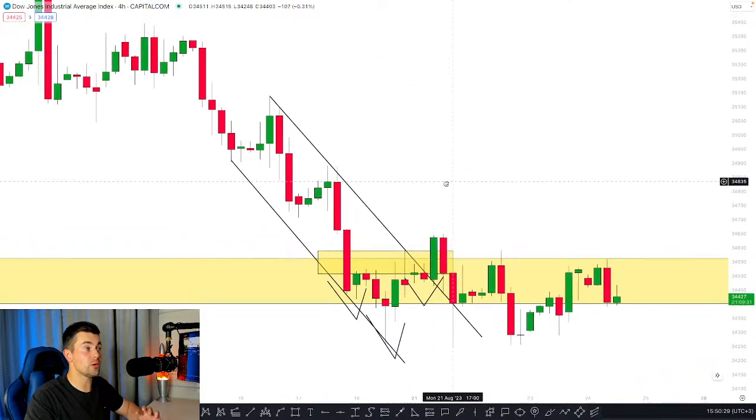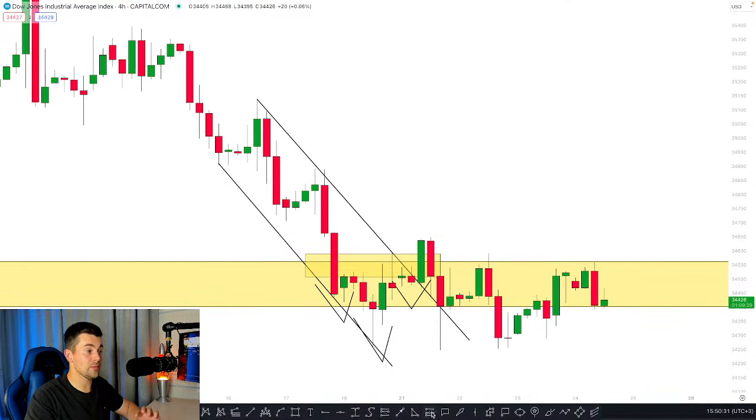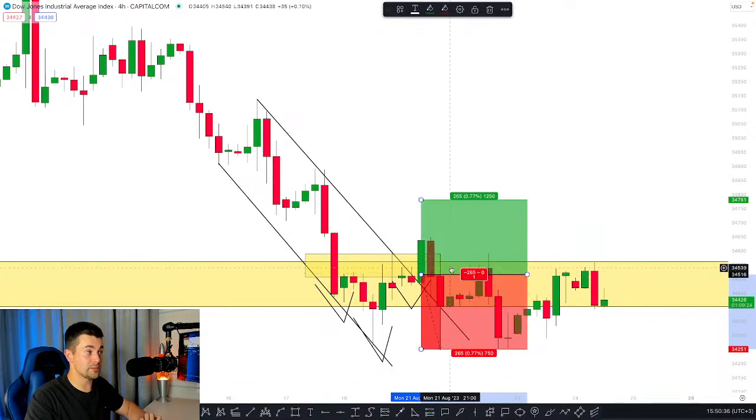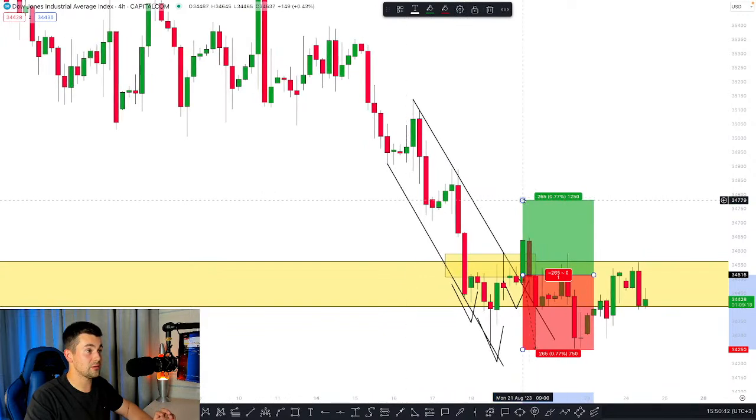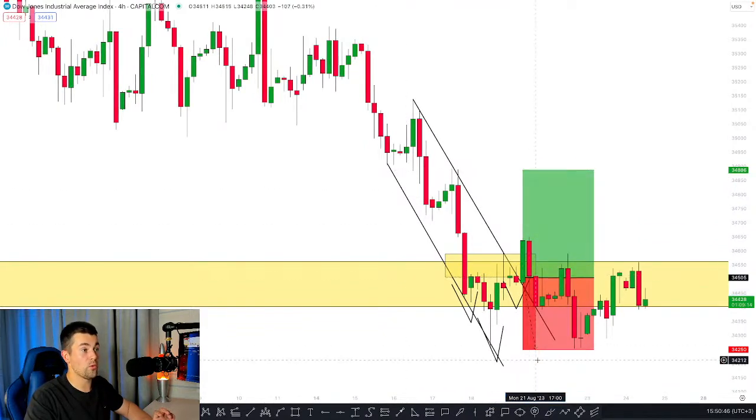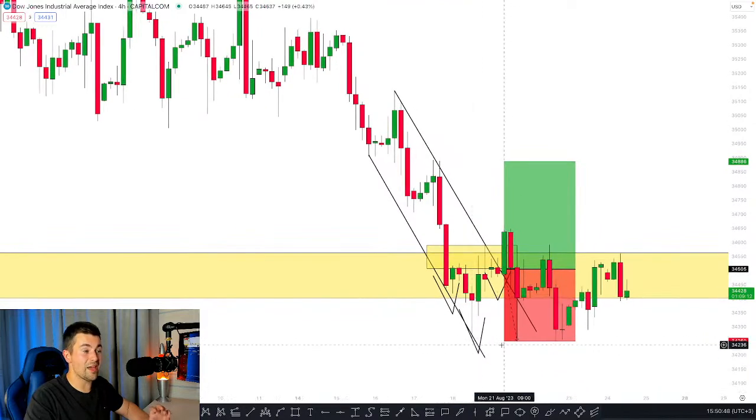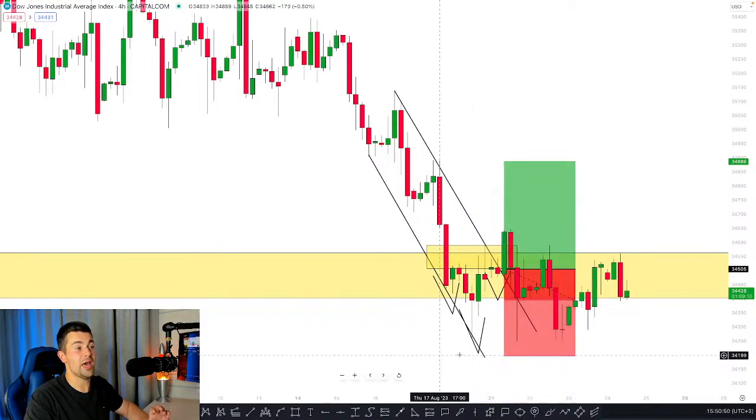So we decided to buy the index. We opened the long position on the index, expecting a bullish movement at least to that horizontal resistance, with our stop loss lying below the head, right?